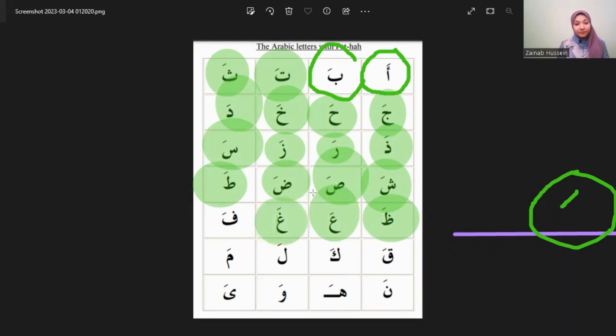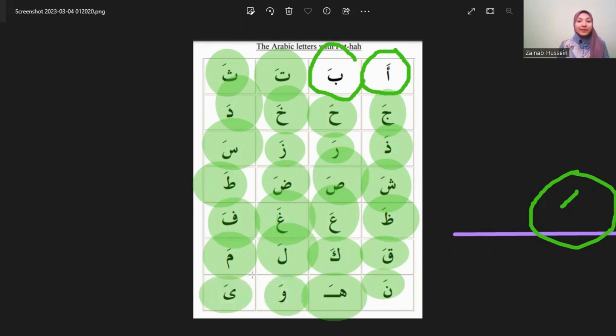Ka. La. Ma. Na. Ha. Wa. Ya. Now, this is the first vowel in Arabic. Okay. What is it? It's fatha. Fatha means this small dash that makes the short sound a. Okay.